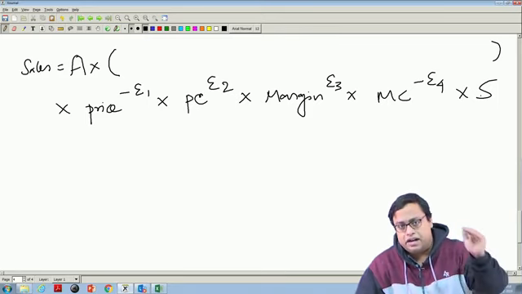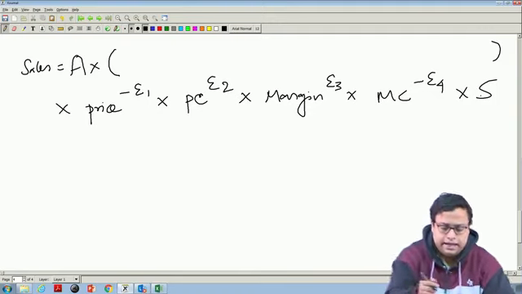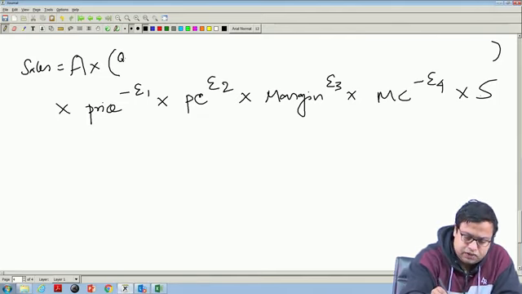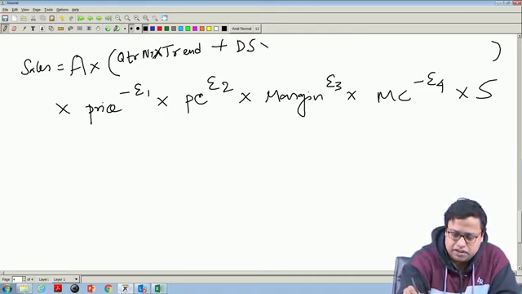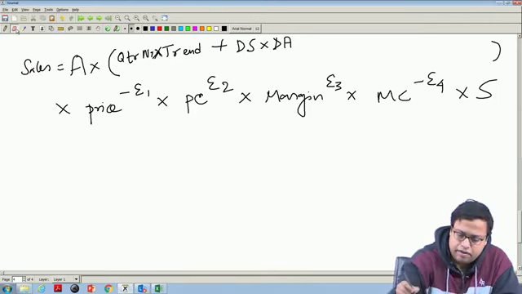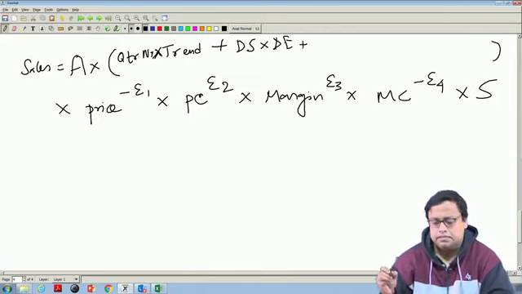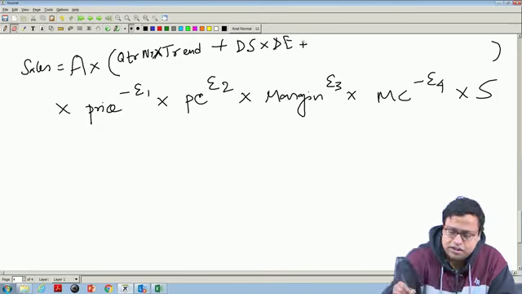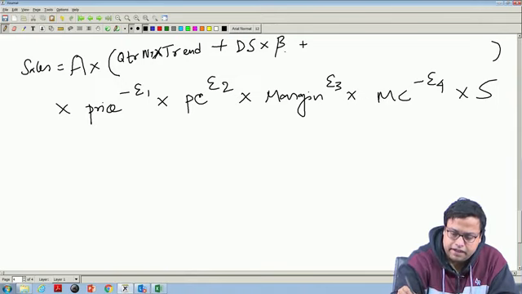Seasonal index means for quarter 1 it is something, for quarter 2 it is something, for quarter 3 it is something, for quarter 4 it is something. Then here I am saying that this is quarter number into trend. If you remember, the formula was like that, quarter number into trend plus digital stock into digital effect, or not DE, I will write some beta DS.